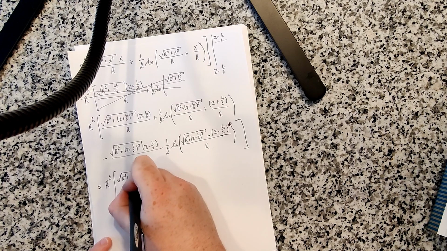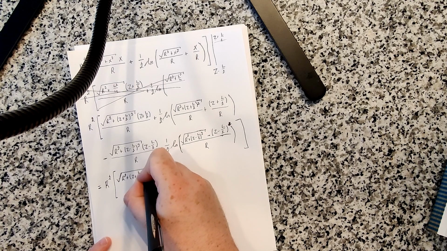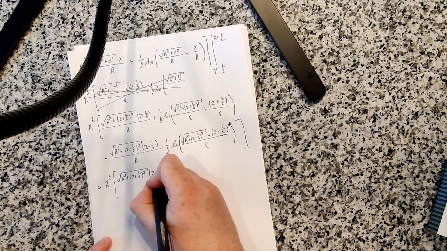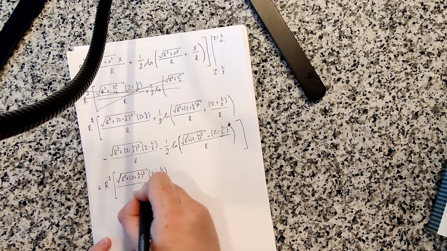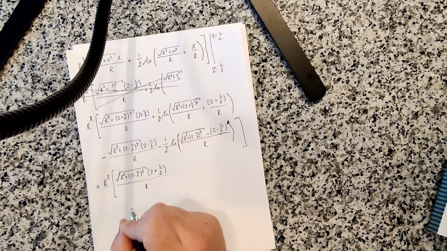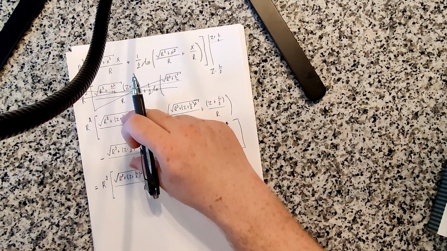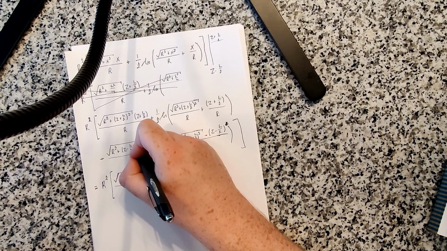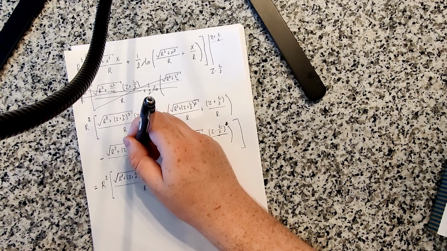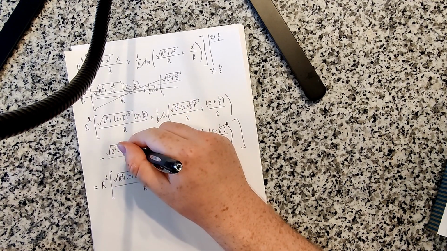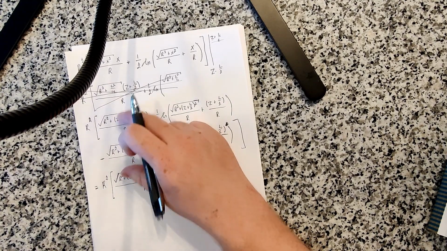I'll just keep it in, and we have z plus L over 2 here, all over r. I wonder if these two terms both have a denominator of r. We're going to work with this next.